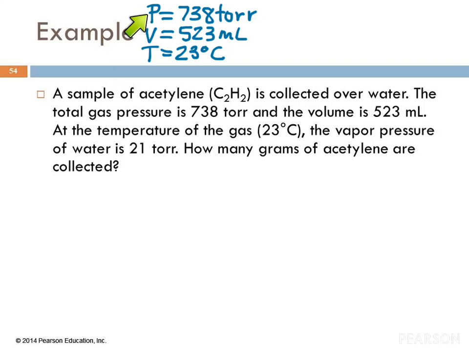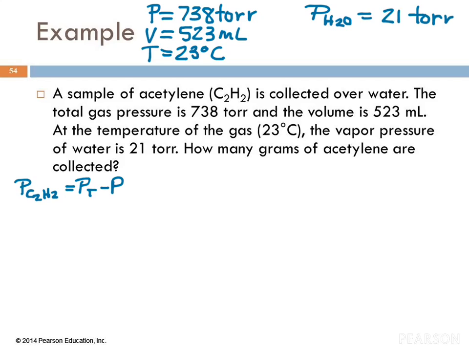So the total pressure is 738, but the pressure from the water, P H2O, is 21 torr. How do we find the pressure of the acetylene? We just subtract from the total pressure. So the pressure of this C2H2 equals the total pressure minus the pressure of the H2O.